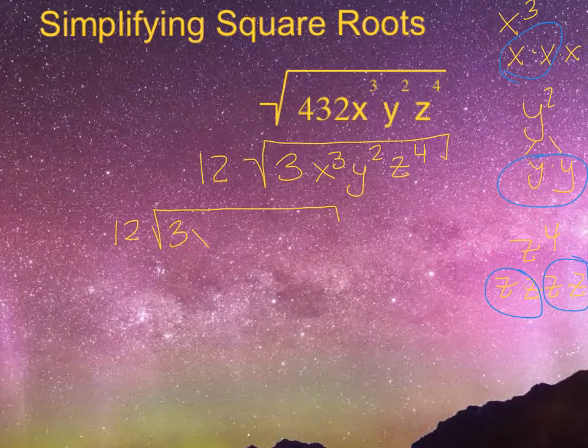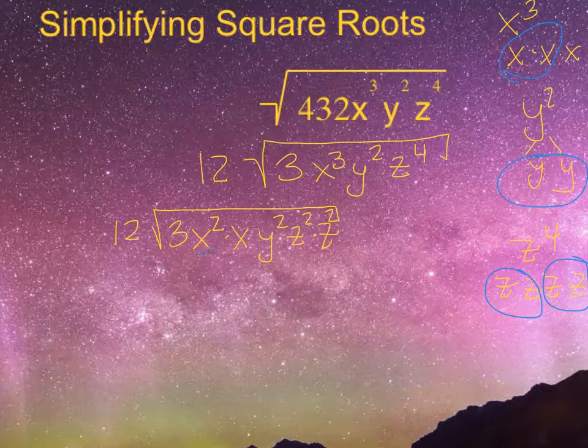And we've got x times x, which is x squared. That's our perfect square. But don't forget about this x here, this leftover x. And we know that y squared is a perfect square. And z to the 4th, I'm going to break it down into its squares, z squared times z squared.